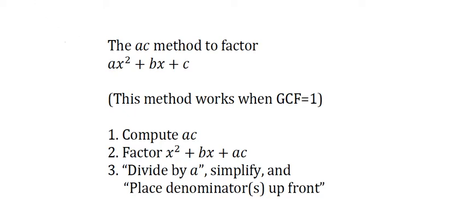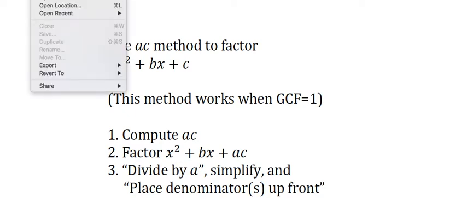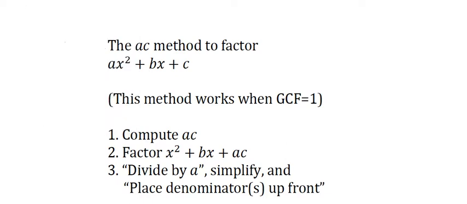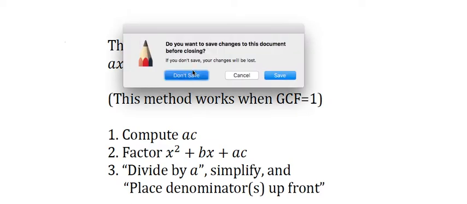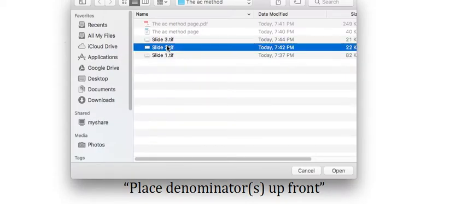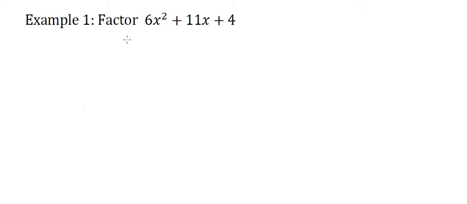Okay, let's go ahead with the first example. Example 1 says factor 6x squared plus 11x plus 4. Let's use the AC method.